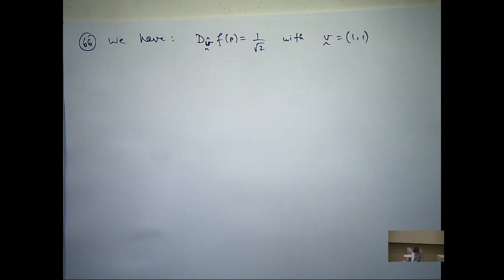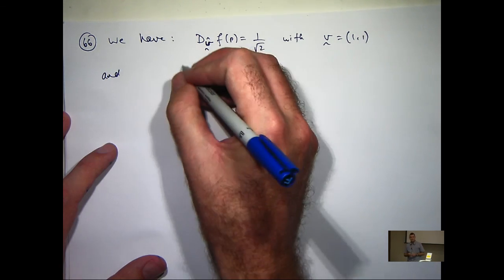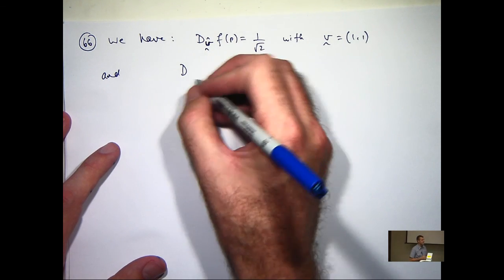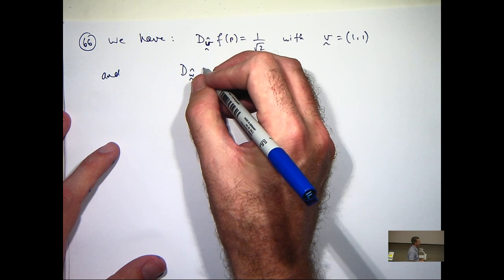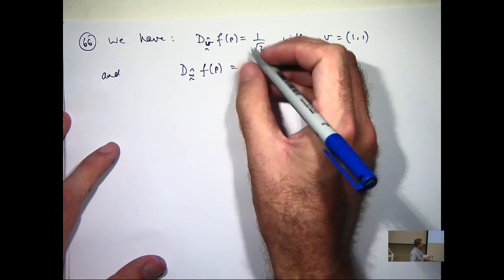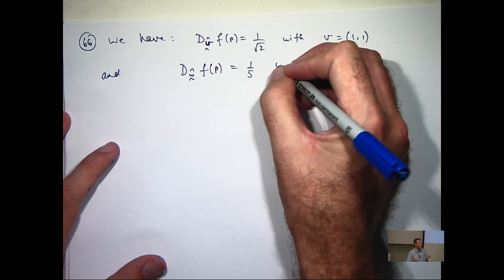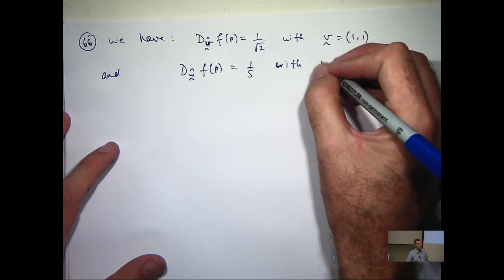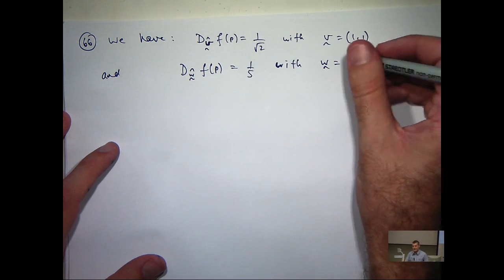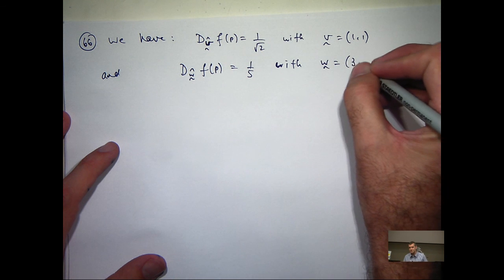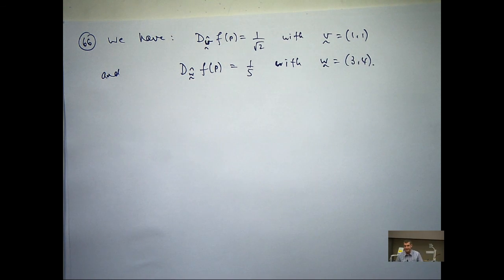We don't know what P is. And the second bit of information, let's call the vector W in that case. So the directional derivative of f at the same point in different directions is given to you by these values.